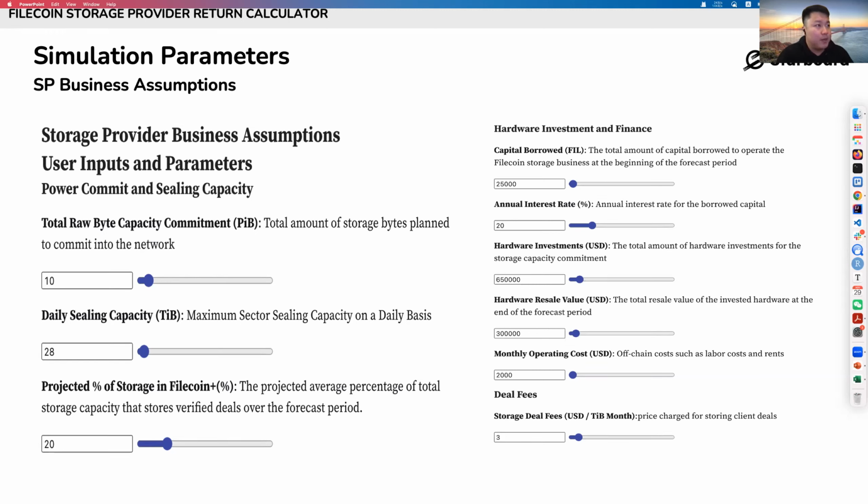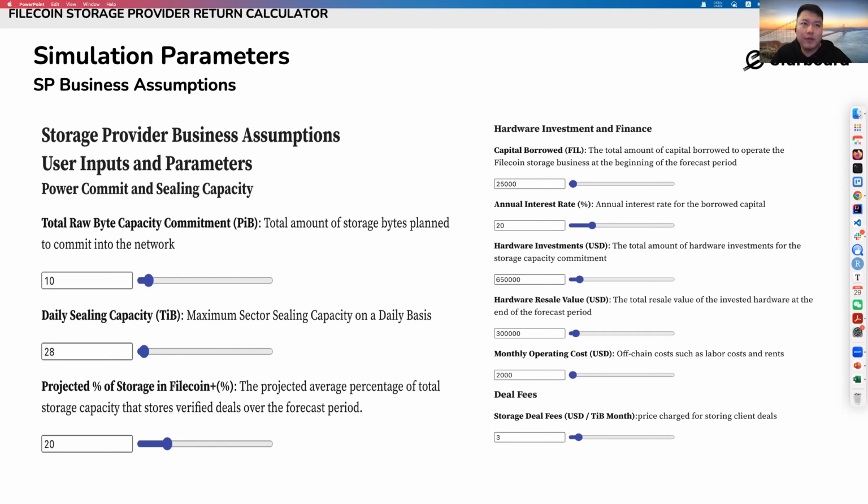There is also a parameter called projected percentage storage in Filecoin Plus. At least from our perspective, this has been a really important parameter in the SP business assumptions, because given the current FIL price, if you're conservative about it, and given that the network has been onboarding Filecoin Plus deals crazy fast, you need a robust high percentage of storage in Filecoin Plus deals to make the business profitable. We also have another section called hardware investment finance.